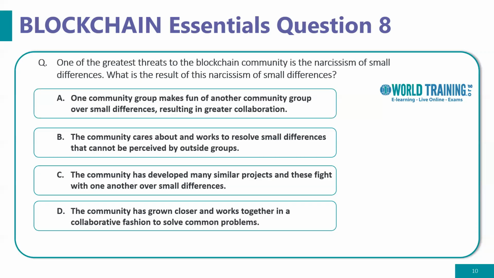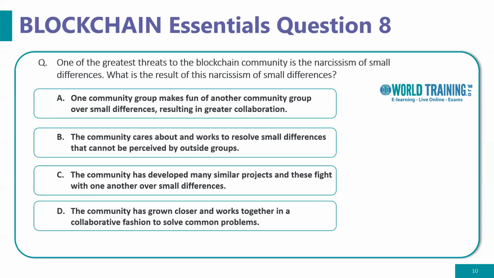Option B is the community cares about and works to resolve the small differences that cannot be perceived by an outside group. Option C is the community has developed many similar projects and these fight with one another over small differences. And option D is the community has grown closer and works together in a collaborative fashion to solve the common problem.